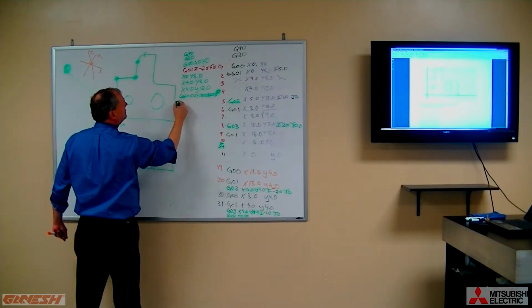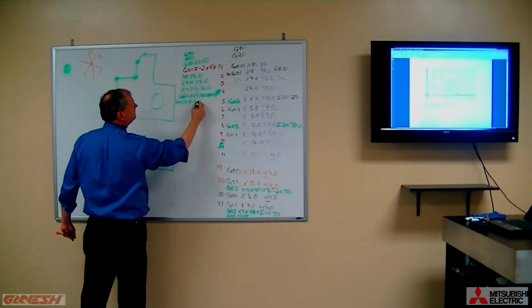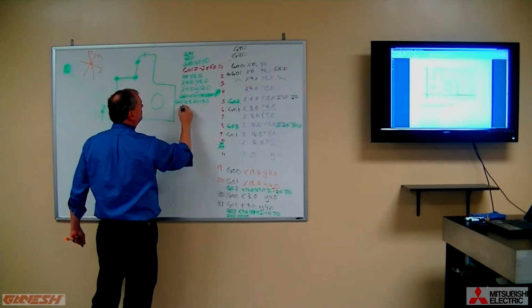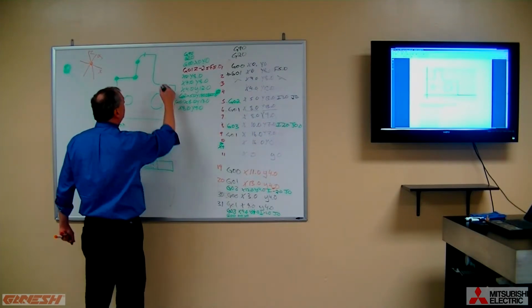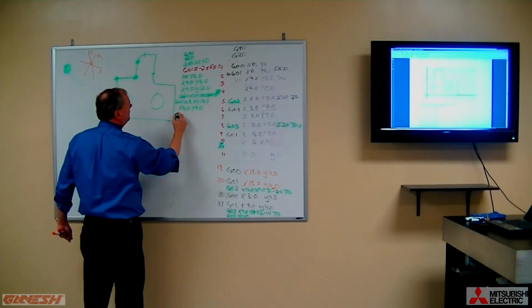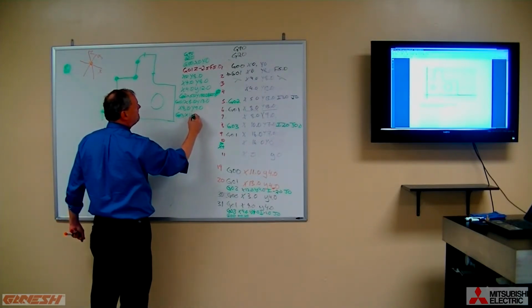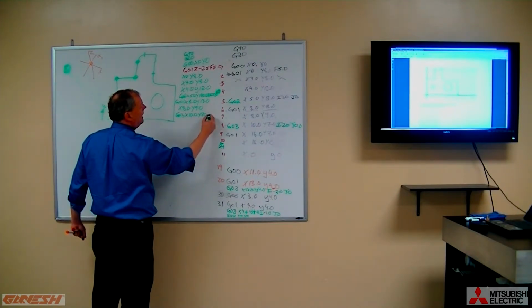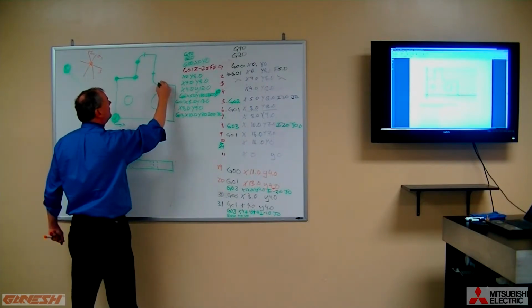And now we do a G01 to x 8.0, y 13.0, and then we go to x 8.0, still in G01, y 9.0. So now we're sitting right here, and now we do our G03, x 10.0, y 7.0, I 2.0, j 0, and now we're sitting right here.